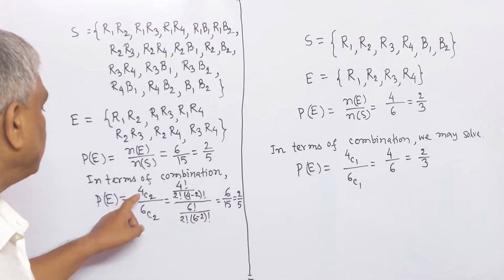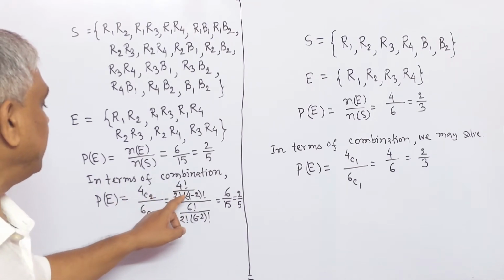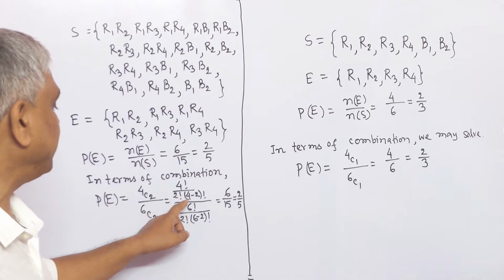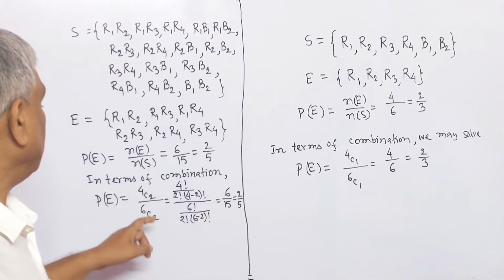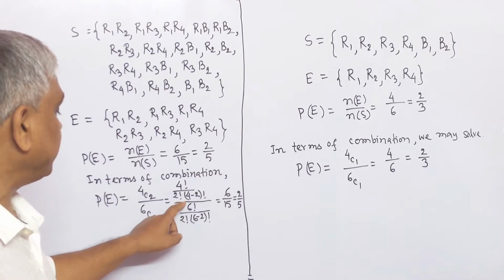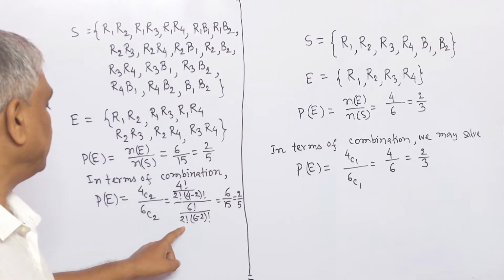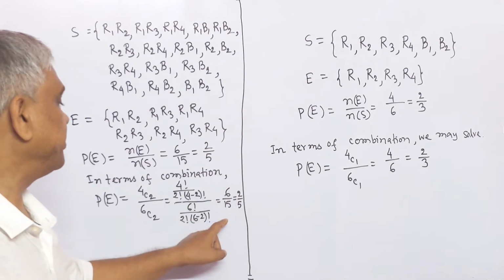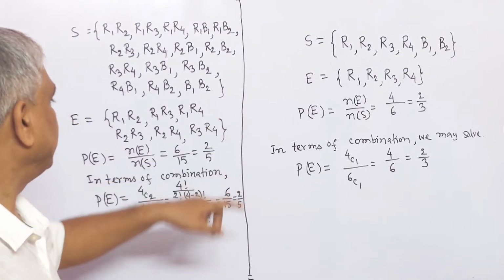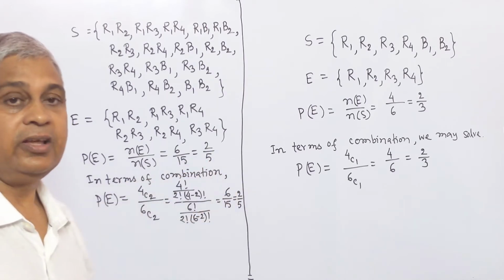If we solve this, 4C2 is factorial 4 by factorial 2 multiply factorial 4 minus 2, and 6C2 equals factorial 6 by factorial 2 multiply factorial 6 minus 2, that is 6 by 15, which equals 2 by 5, and we get the same result.